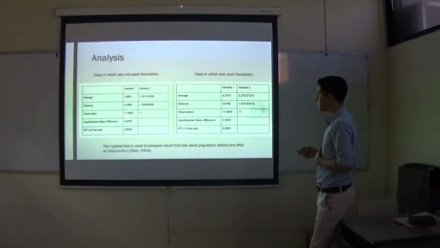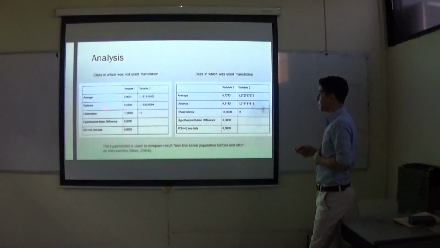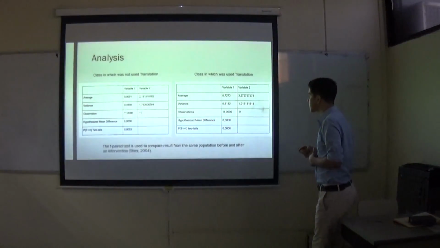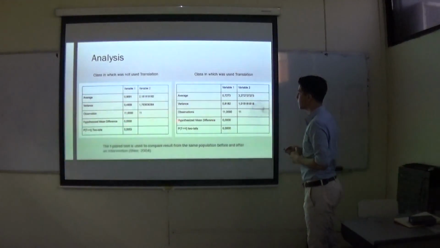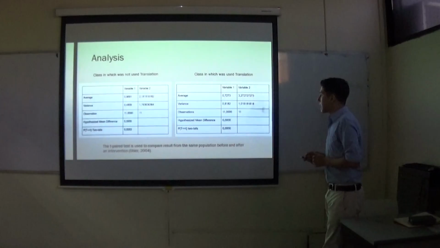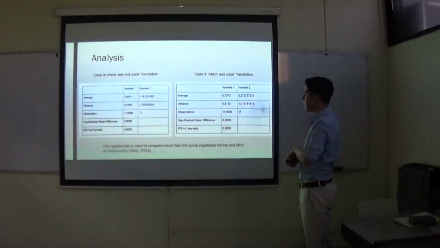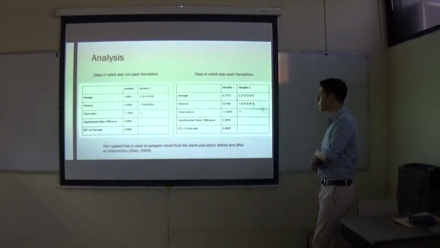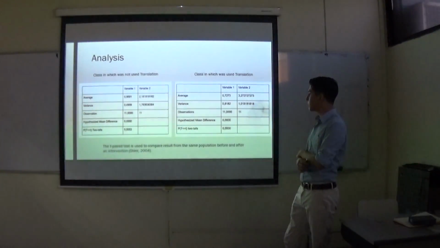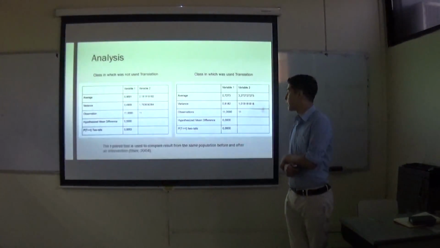Here we have the observation that is 11, because they were 11 students, and the mean difference. The technique used was the T-pair test, because it is used to compare results from the same population before and after an intervention.